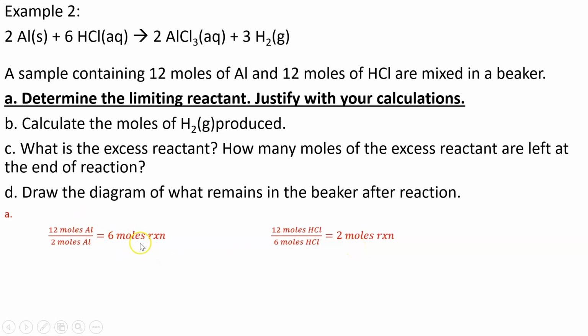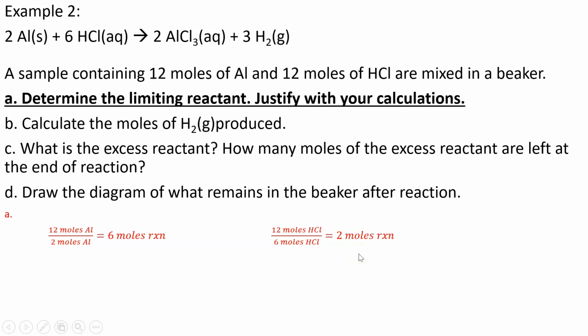These actually could be written as numbers with no units because the units technically cancel out, or you can write moles of reaction. Either of those answers are acceptable, but you cannot put moles of aluminum or moles of hydrochloric acid. That would be incorrect. So the one that's the limiting reactant is this one over here.